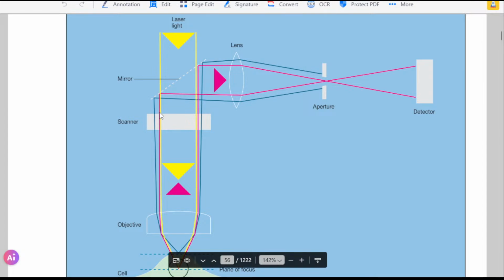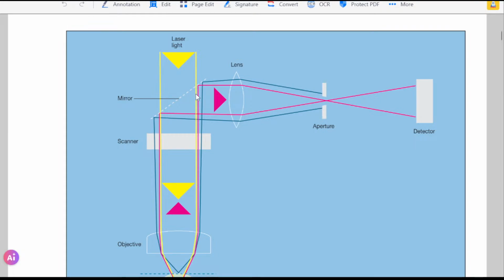This scanner knows what rays are coming from the plane of focus and the blue ones. So when it passes through the other lens, it kind of separates them. Here it's not that differentiated, but here, you see, it changed the angle of it somehow, and there is the aperture, and so the lens changed the trajectory of the blue lines, and they cannot pass through this small hole that will lead to your detector.